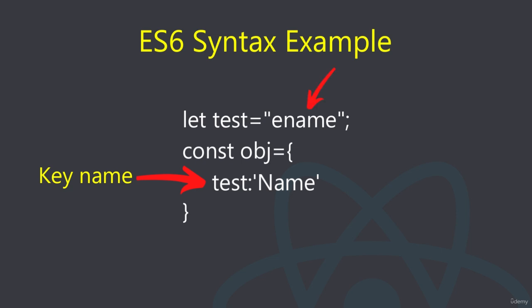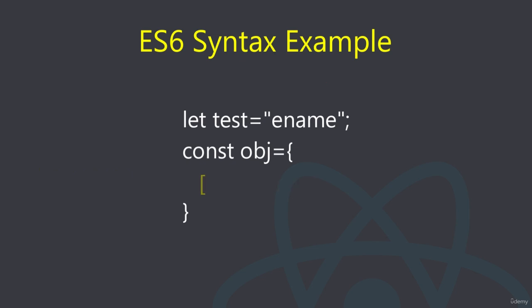But when you want it to be dynamic, when you want the ename to be the key, not the test, the key's value should be taken from a variable, you just use the square brackets. So now this test is containing ename, so actually the object will have ename equal to the value.